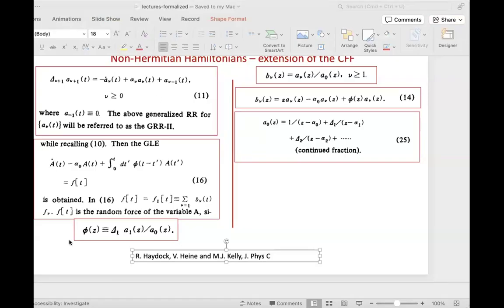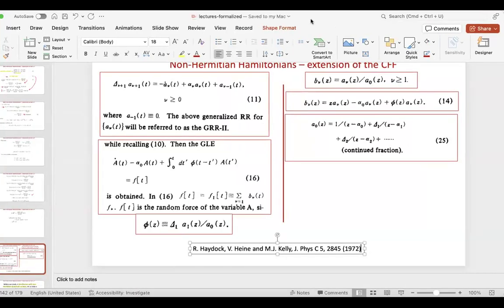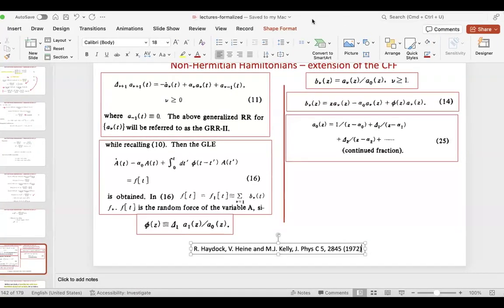C, volume 5, starting page 2845, 1972. This is the paper, so you might want to capture that. Tell you what, I'll do even better. I'll just mail you that paper. How about that?